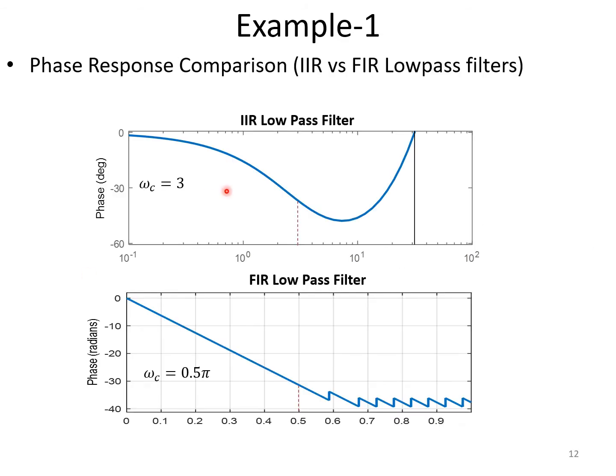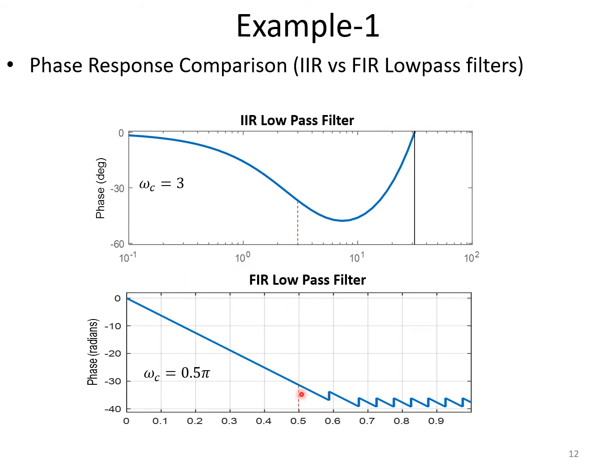So in this figure you can see this is the phase response of low pass IIR filter having cutoff frequency 3 radian per second, and this is the phase response of low pass FIR filter with the cutoff frequency 0.55.